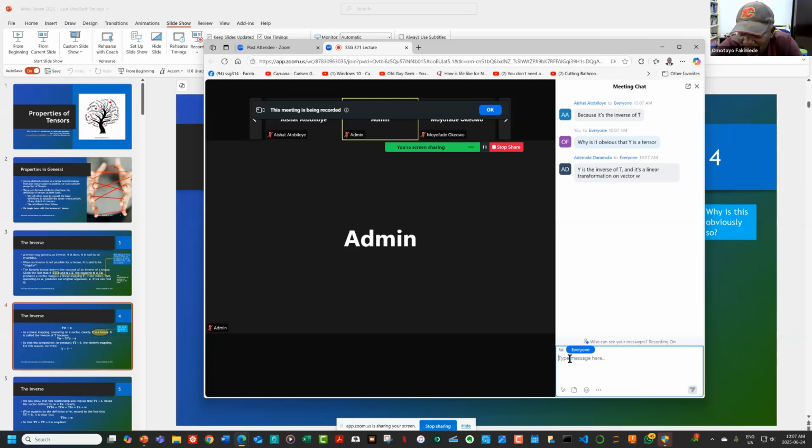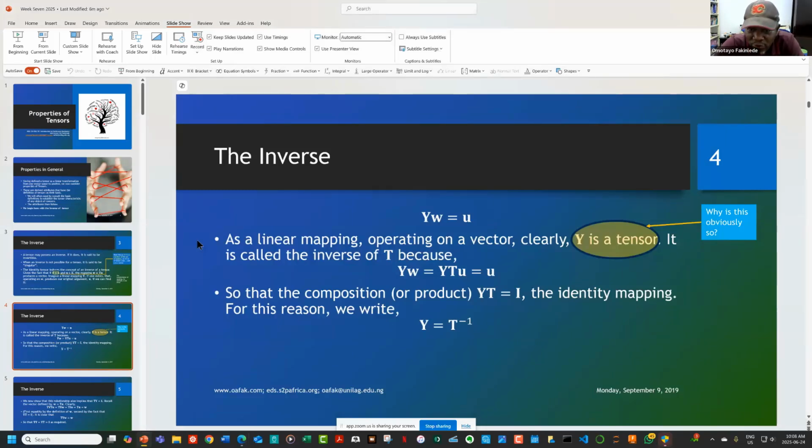Yes, it is a linear transformation on the vector W, but that is not enough to make it a tensor. Why is it obviously a tensor?